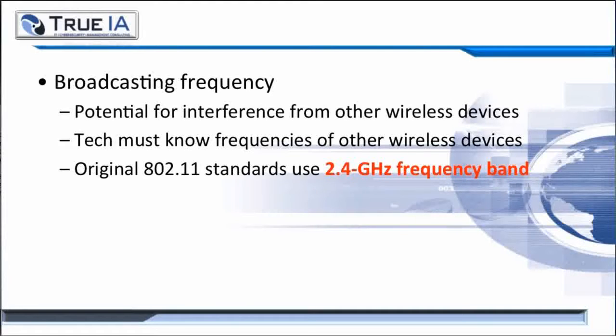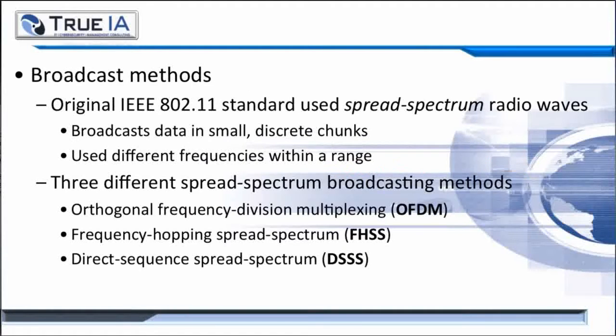Next, we'll talk about broadcasting, specifically frequency broadcasting. The 802.11 standard uses the 2.4 gigahertz frequency band. Within that band, there are multiple broadcast methods. The original 802.11 standard used spread spectrum radio waves. This breaks broadcast data up into small discrete chunks and then uses different frequencies within the range.